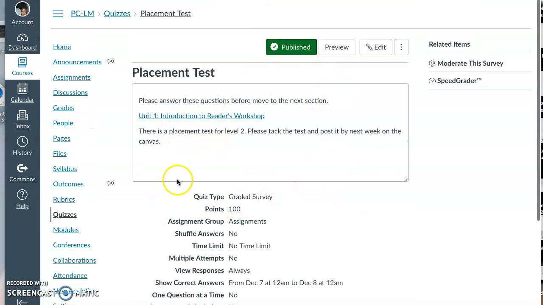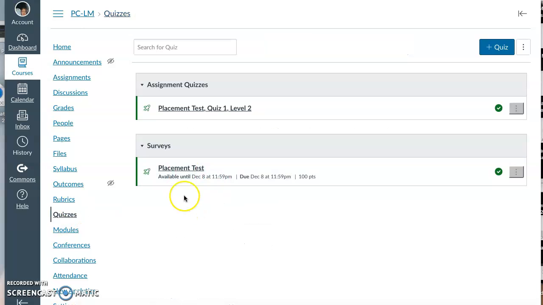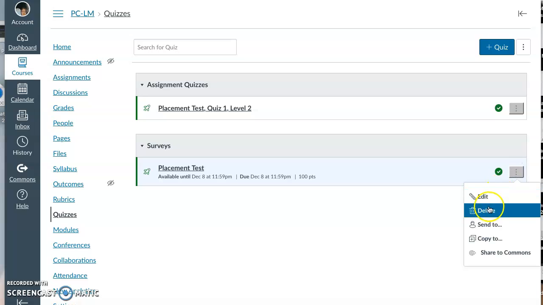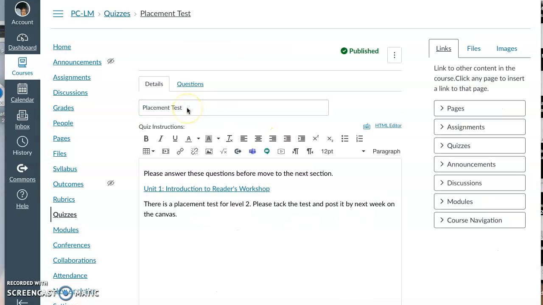Should be somewhere, I'm sorry. I guess I kind of messed up. This is the quiz. Oh yes, I'm sorry. I guess I have to change this one. This is not a placement test. Sorry about that. I edited this one instead of the placement test.